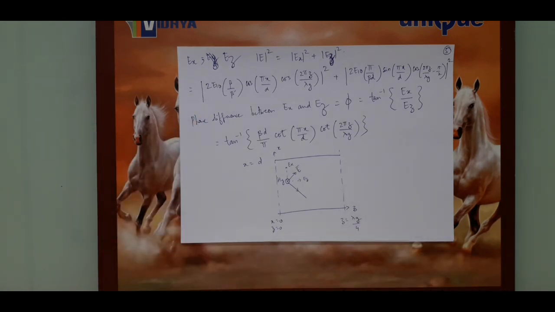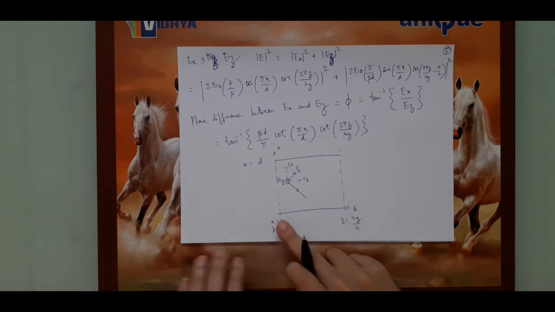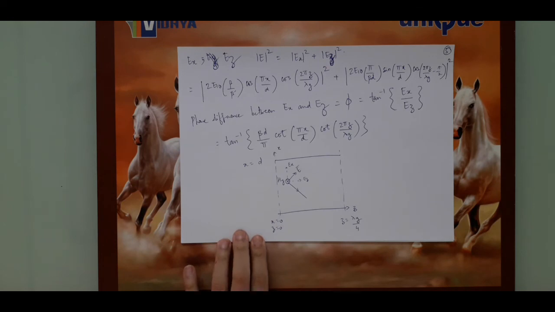So let us look at certain points in this waveguide. Again at this point, x equal to 0, z equal to 0.